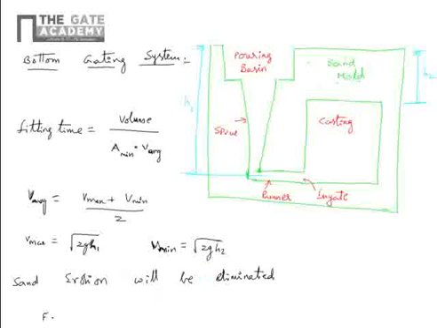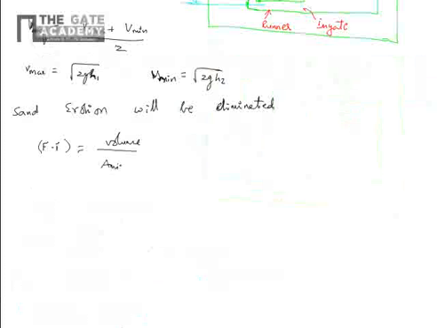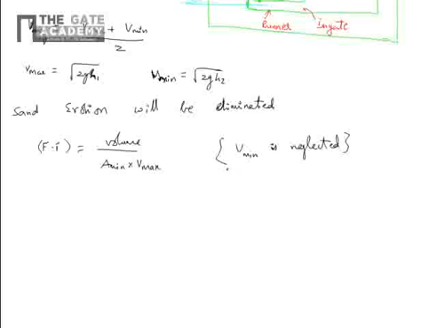For filling time, some textbooks follow a different formula, like A minimum into V max. They take only V max because sometimes the head, V minimum, may be 0 or near 0, so they neglect V minimum. So you have to try different options, and whichever satisfies out of those two is the answer.